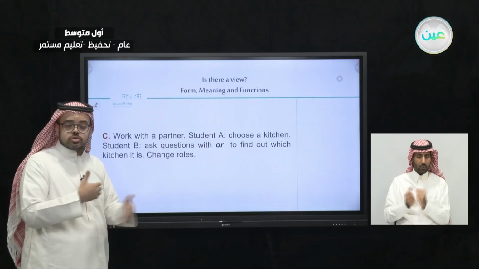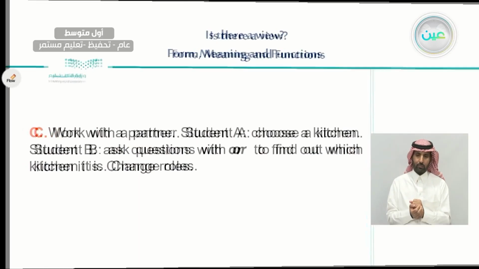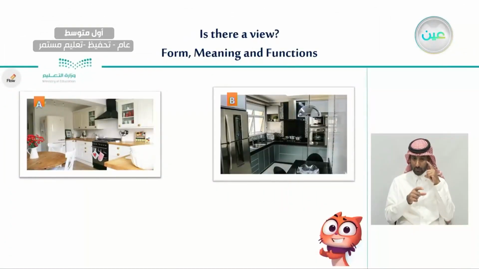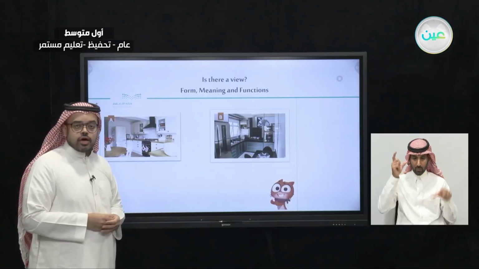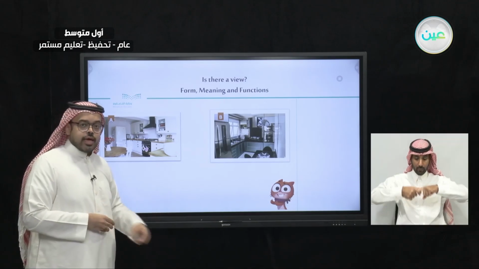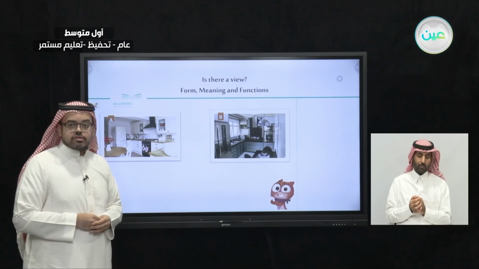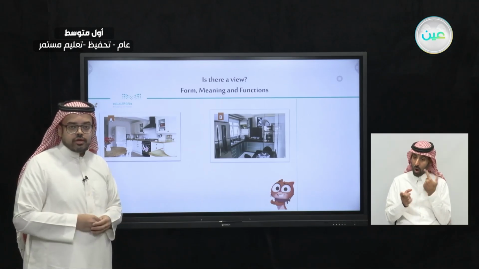And we can change the rules if we would like to. So here we have two kitchens. I'm going to ask a question using the conjunction or, and my partner will try to guess which one it is.